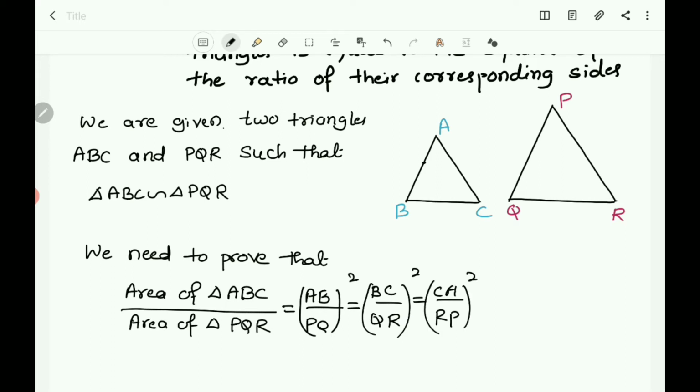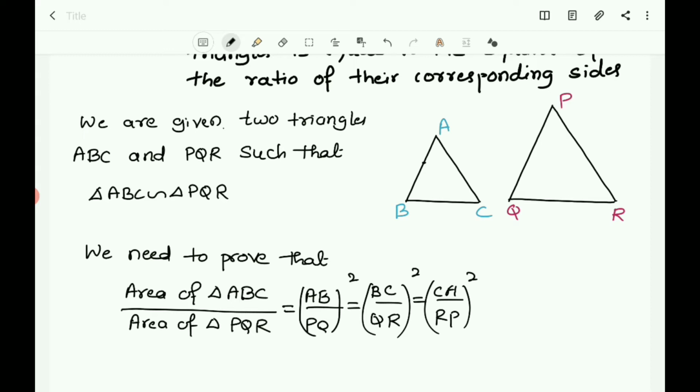You can also write it this way: area of triangle ABC by area of triangle PQR is equal to AB by PQ whole square is equal to BC by QR whole square is equal to CA by RP whole square, or you can write AB square by PQ square is equal to BC square by QR square is equal to CA square by RP square.